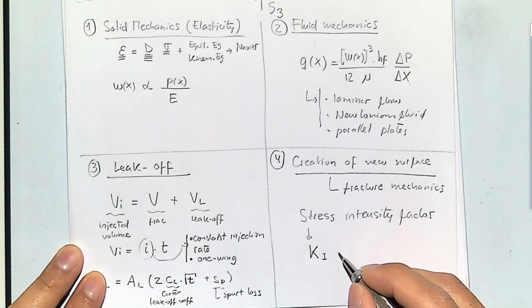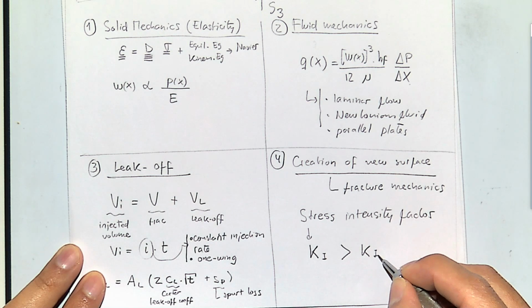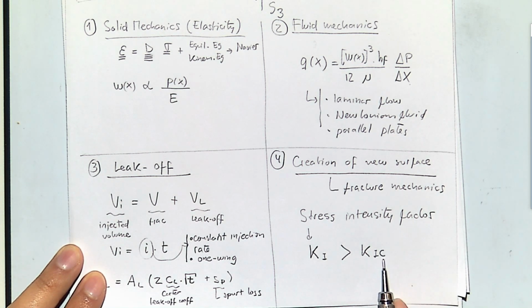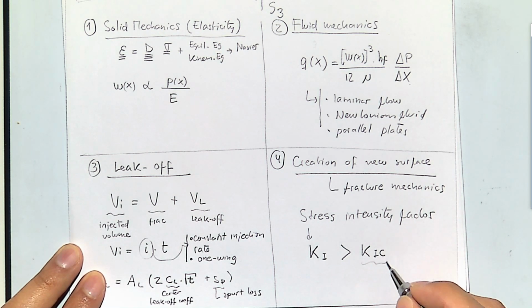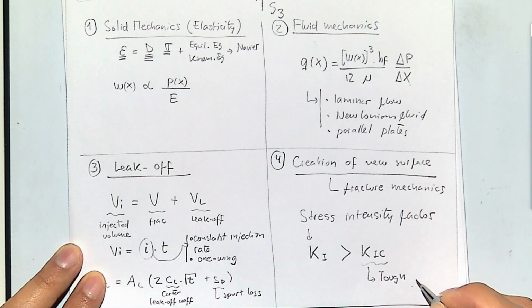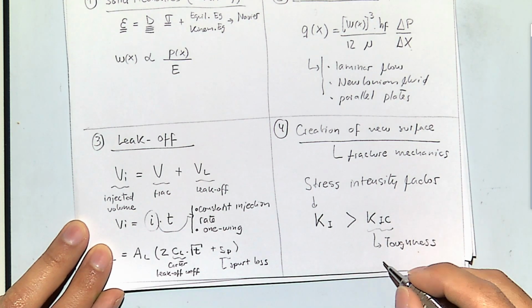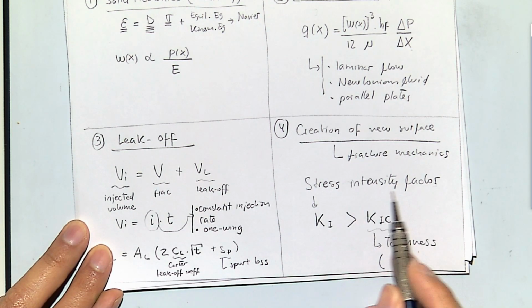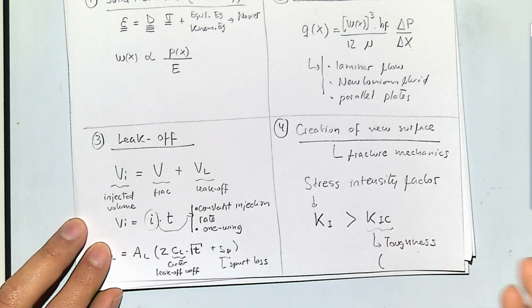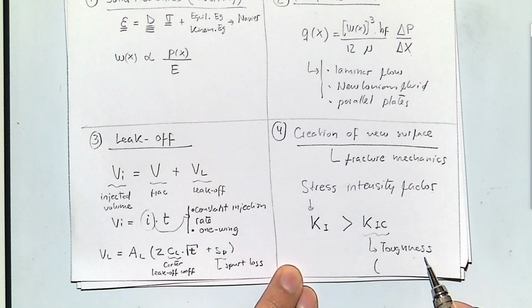When the stress intensity factor is higher than the critical stress intensity factor, also called the toughness of the rock, which is a property of the rock... So this one varies depending on how much pressure you have on your fracture and the length of the fracture.